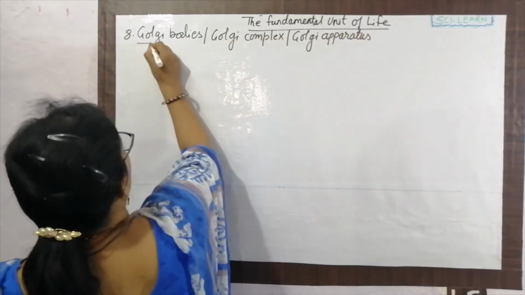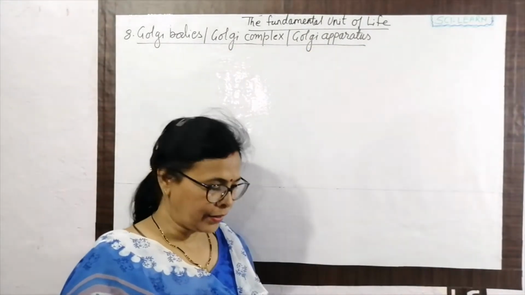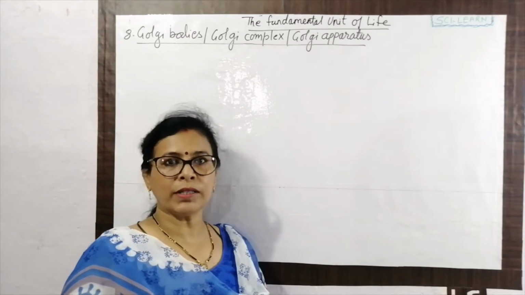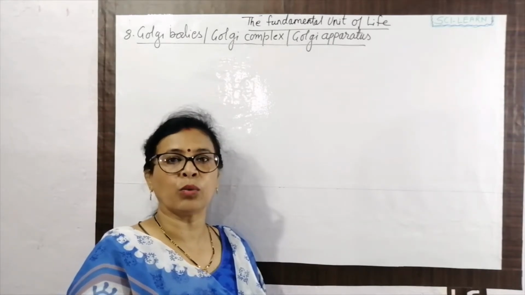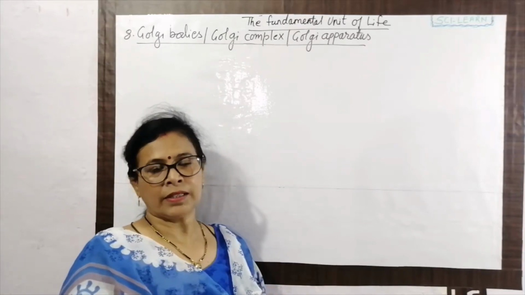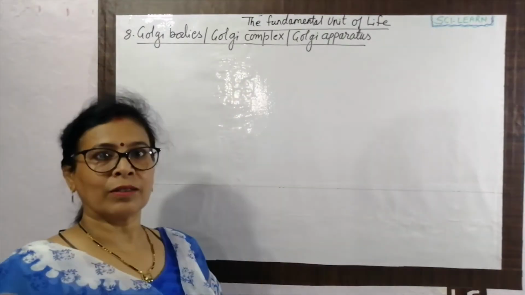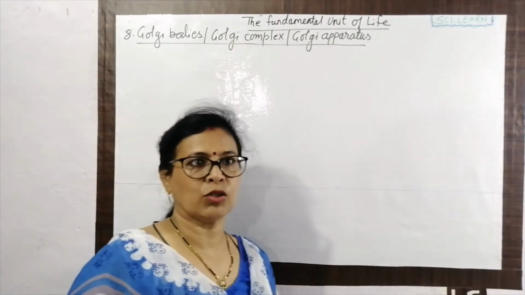Okay. Golgi, why is the name called Golgi? We will talk about that later. What is the body? Body means more than one. It means it is in a group, a group in which more than one part is present. Same as the complex. Complex is again a term for a group of structures, and the Golgi apparatus also.